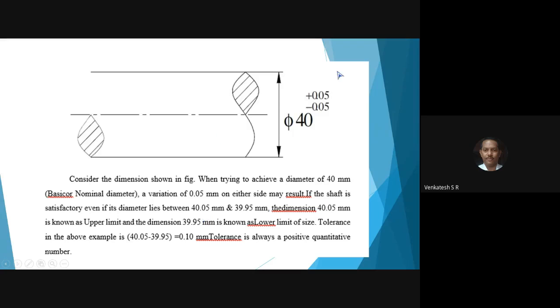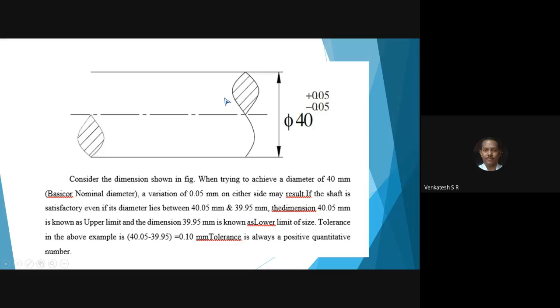All of you observe here. If you add the upper limit to the basic dimension, you will get 40.05. And if you deduct the lower limit from this dimension, you will get 39.95. Remember, in manufacturing industry, if you are producing a shaft of diameter 40.05 or 39.95, these are the upper limit and the lower limit.